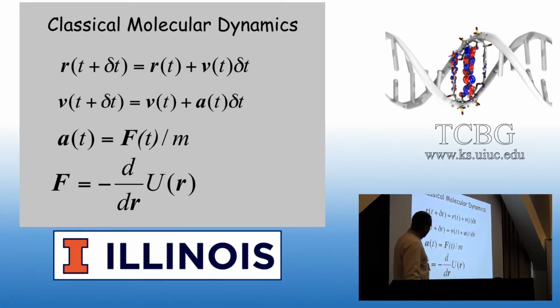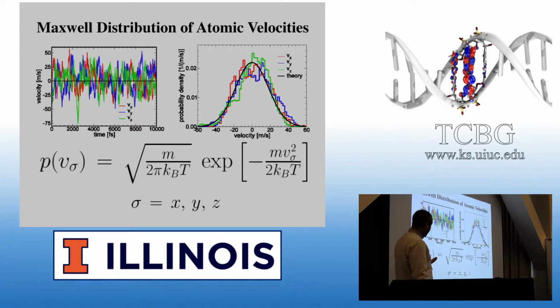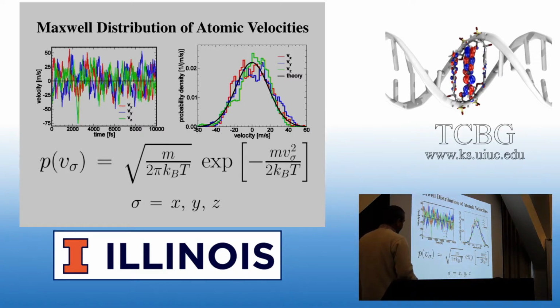So one step that I pointed out was the assignment of velocities. Positions come from your model or from your PDB, but for velocities we use this distribution. For any given temperature, we have this relationship, so you can have the probability of the velocities at a particular temperature.